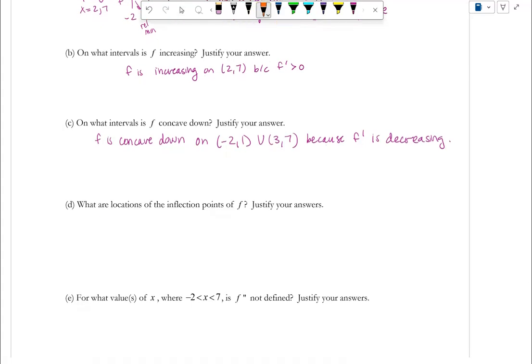We could say that f has a point of inflection at x equals 1 because the first derivative, f prime, changes from decreasing to increasing.